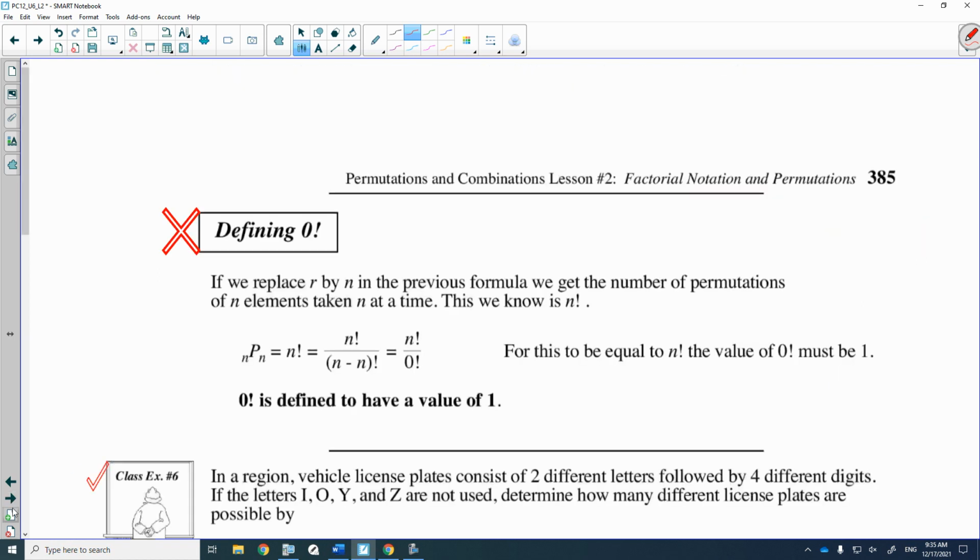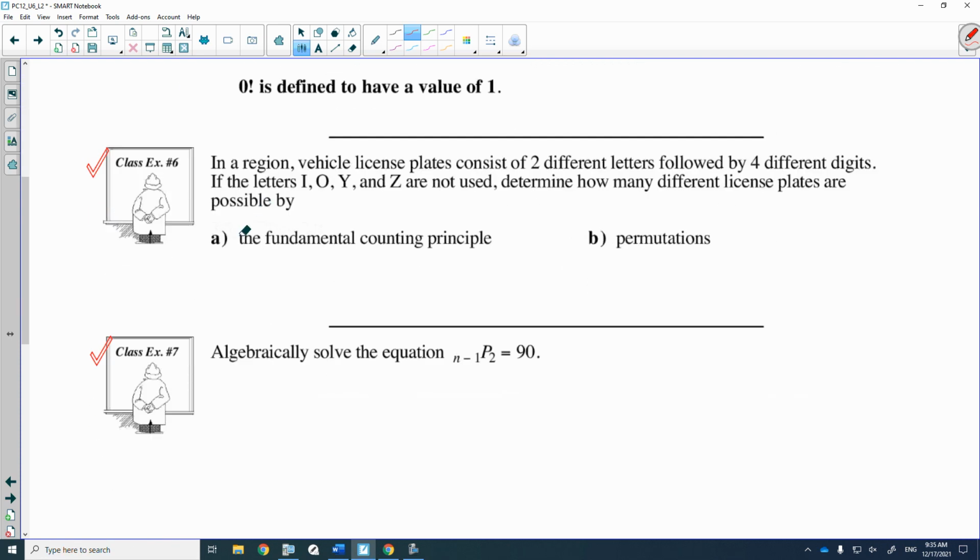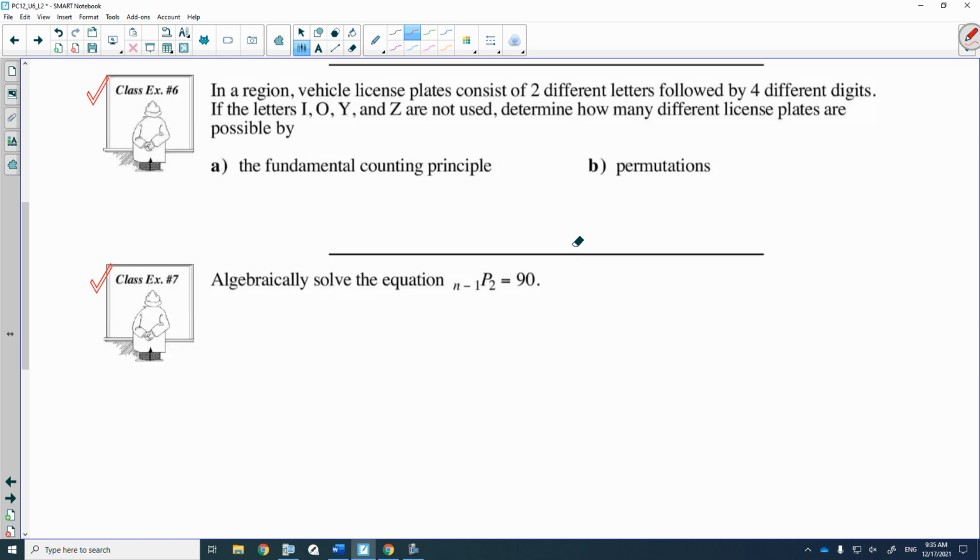Okay, let's look at class example number 6. So it says, in a region, vehicle license plate consists of 2 different letters. So 2 different letters, right? So that means no repeats, followed by 4 different digits.